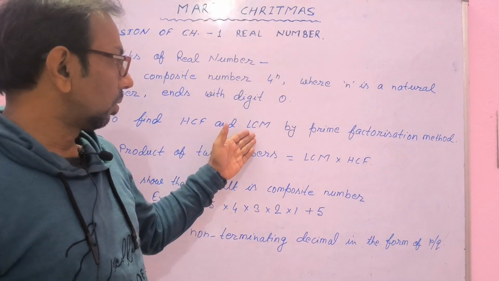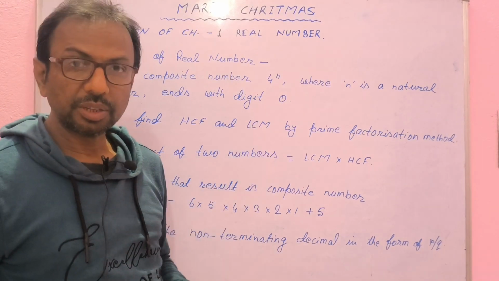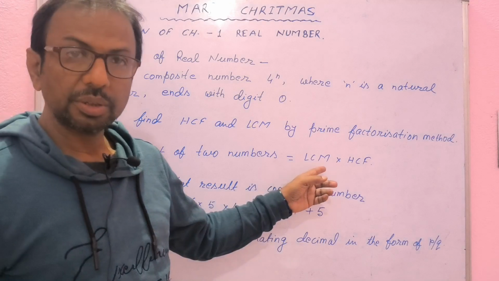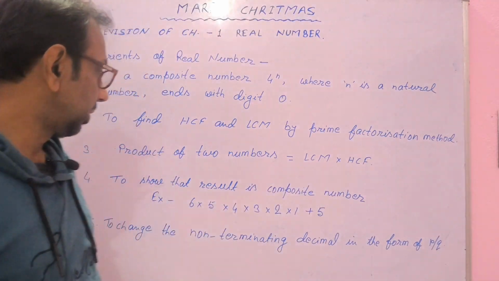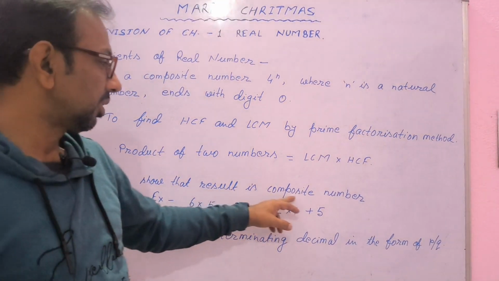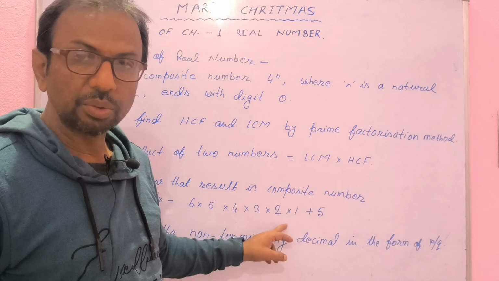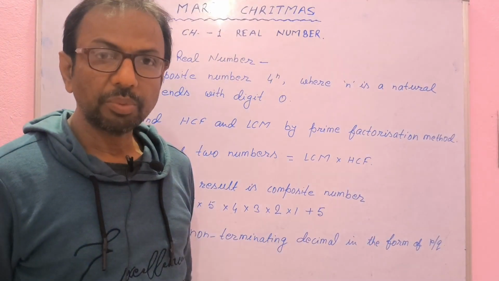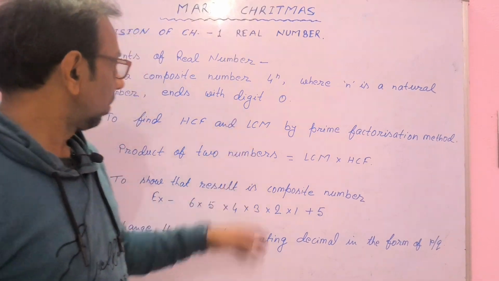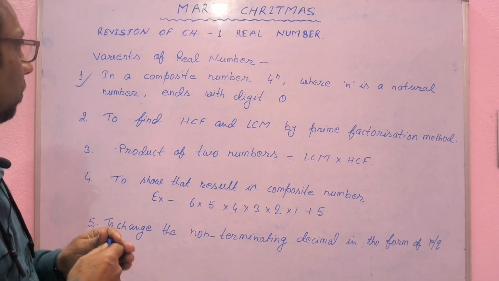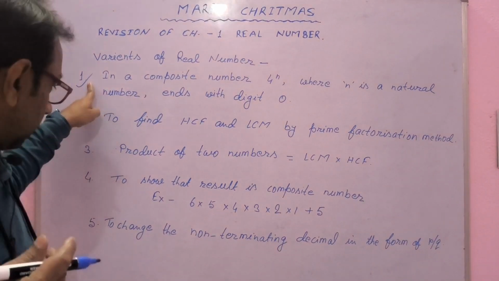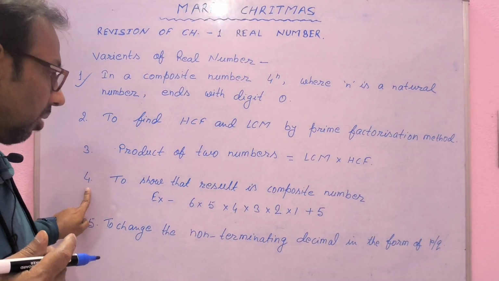So you must practice all the questions related to LCM and HCF. The product of two numbers is not too important. To show the result is a composite number, this question was rarely asked, and likewise to change the non-terminating decimal in the form of p by q. So among all these five variants, two important variants are variant number 1 and variant number 4.